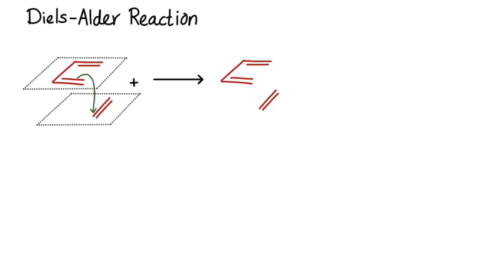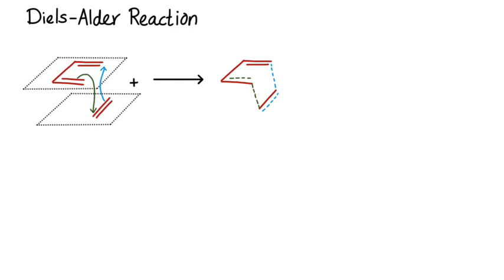The electrons from the diene will move towards the dienophile, and that forms this new sigma bond. This is the bond that's breaking, this is the bond that's forming. And then as a result, the two electrons in this pi bond will break and make a new sigma bond, and this is the bond that's breaking.